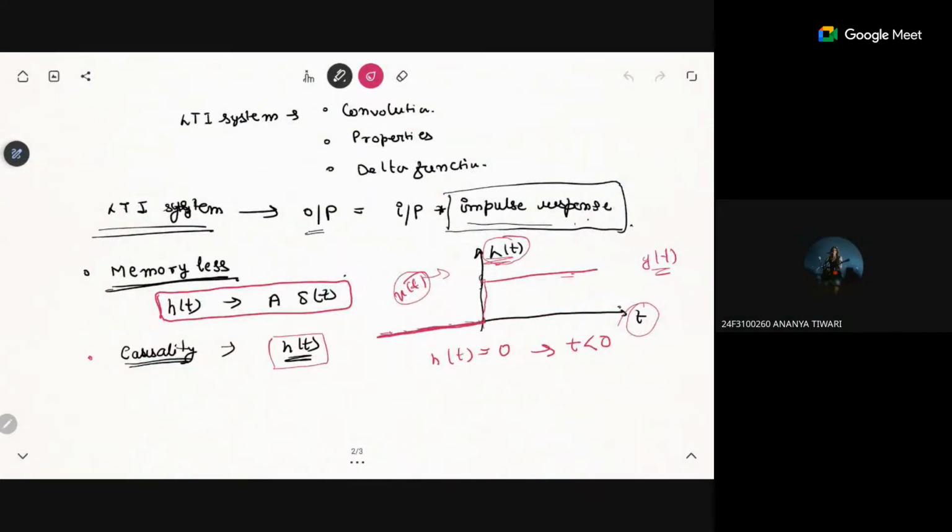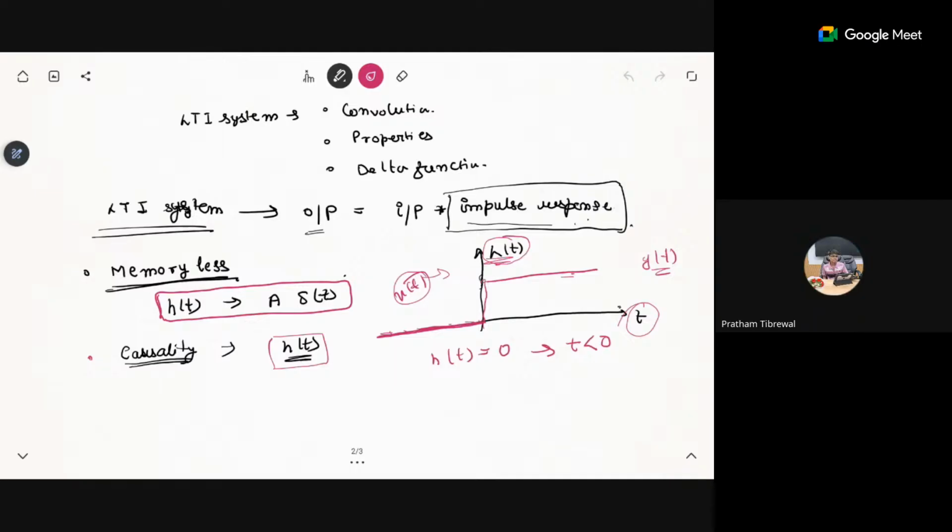Now you're good with any LTI system: you just quickly plot your impulse response and check. If for t less than 0 you're getting some value, immediately it's a non-causal system.